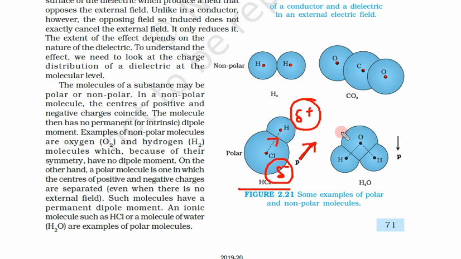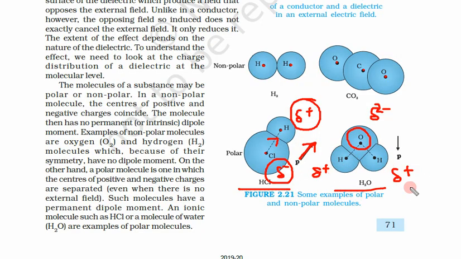The same happens in the case of H2O, or water. This O attracts the electron towards its side, so this O becomes slightly negative, and let me put double negative, minus delta minus 2, slightly negative. This hydrogen becomes slightly positive, this hydrogen also becomes slightly positive.